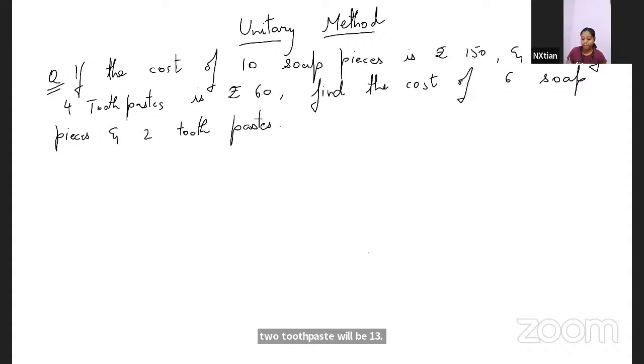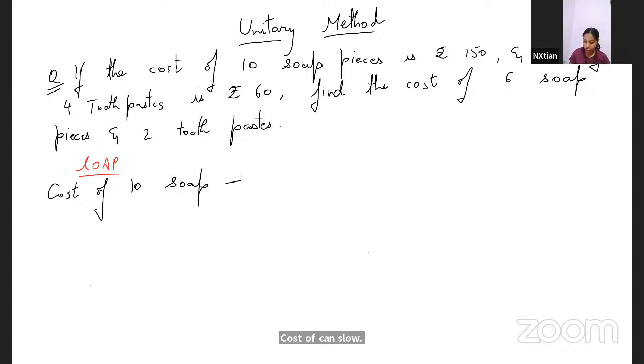Now, moving forward, we calculate the price of one thing first. Here I'm doing so. Cost of 10 soap is 150.